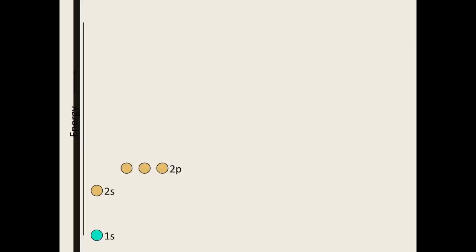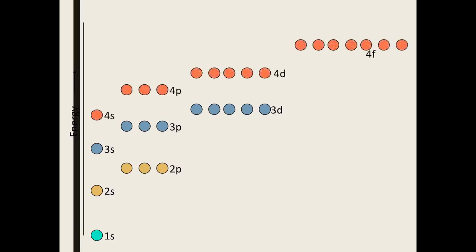Okay, so here's our order of the orbitals that we were talking about last time: 1s, 2s, 2p, 3s, 3p, and then we start getting into this mess. If you'll recall, last time I was telling you the d orbitals are numbered differently, right?